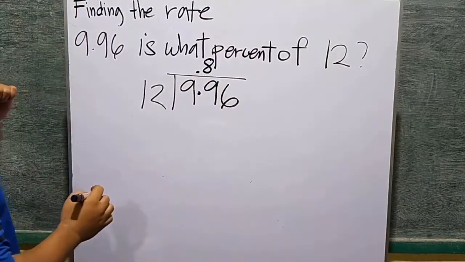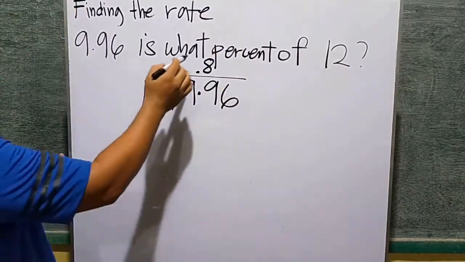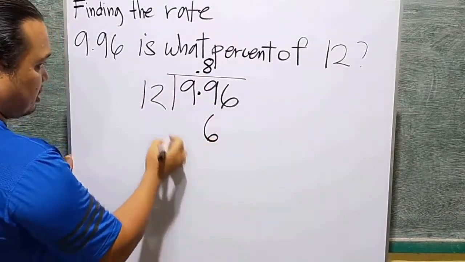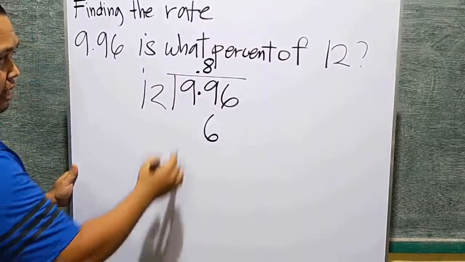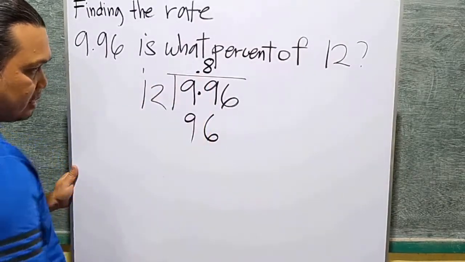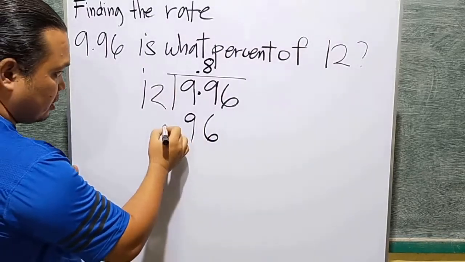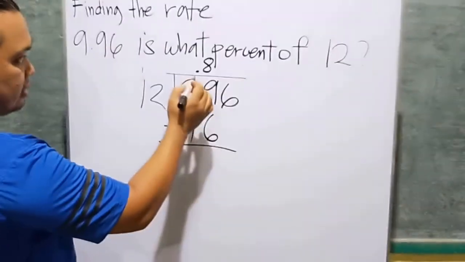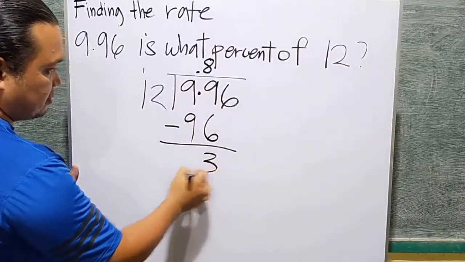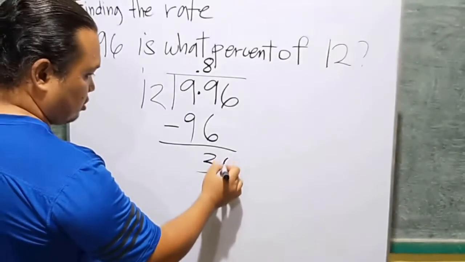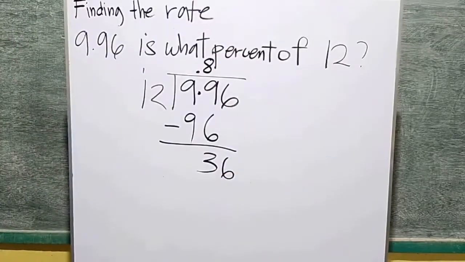Now 8 times 2 is 16. 6 carry 1. Now 8 times 1 is 8 plus 1 is 9. We have 96, minus. So 9 minus 6, that's 3. 9 minus 9 is 0. Bring down 6, so we have 36.